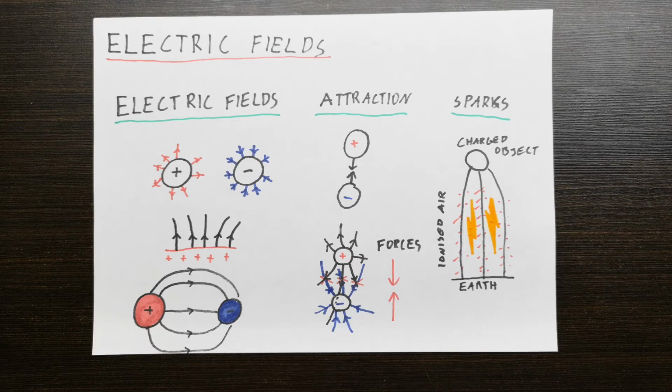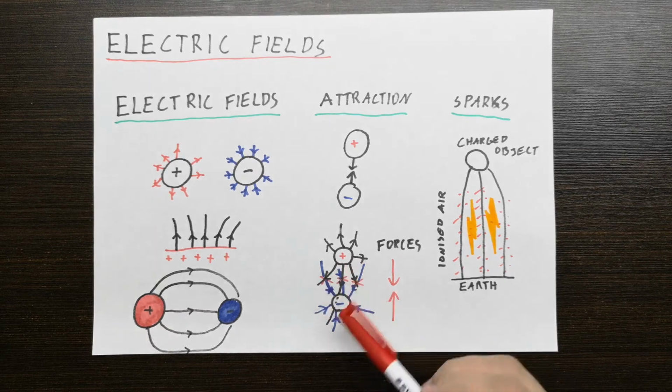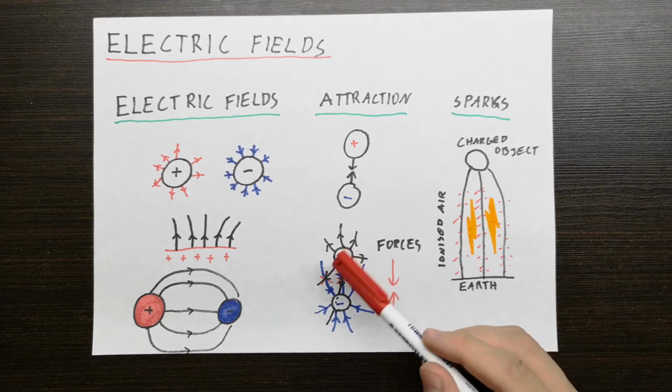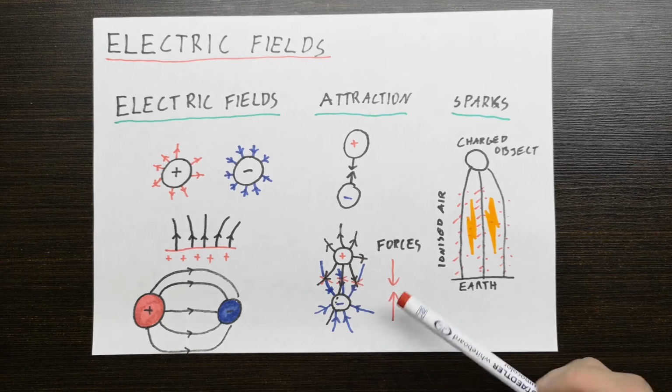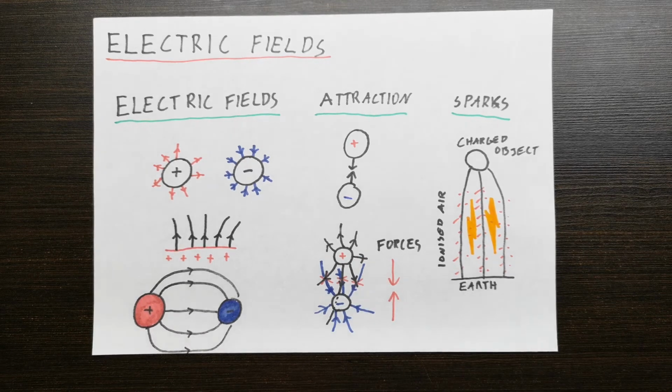And that's where this attraction begins. Because these are opposite charges, these objects start exerting force on each other. Collision of electric field lines is required for these objects to start exerting force on each other, and because they are opposite charges, these forces pull the objects together. So that's how we can explain this.